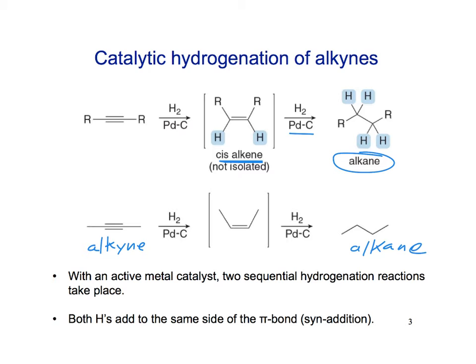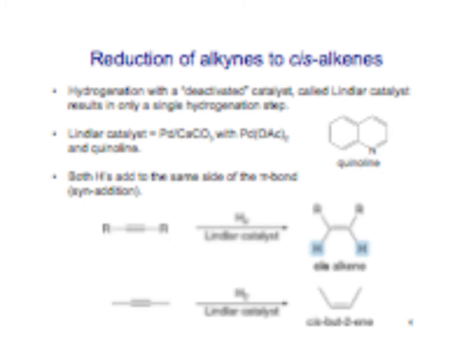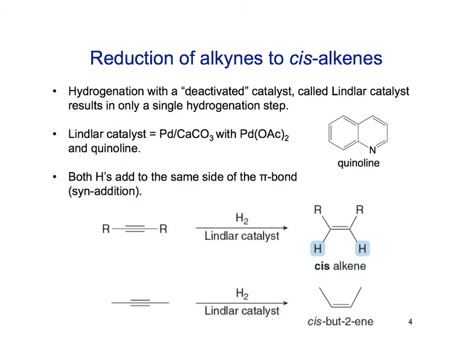What if we want to stop at the cis alkene? Fortunately, alkynes can be hydrogenated with a deactivated catalyst. This catalyst is called the Lindlar catalyst, and it's made up of palladium as the catalytic metal, adsorbed onto calcium carbonate, but the catalyst is poisoned with palladium acetate and quinoline.